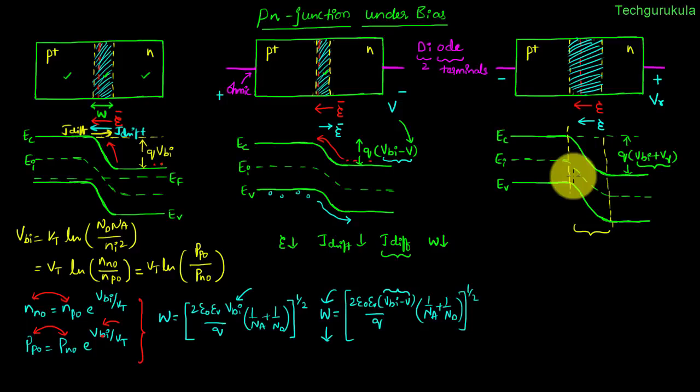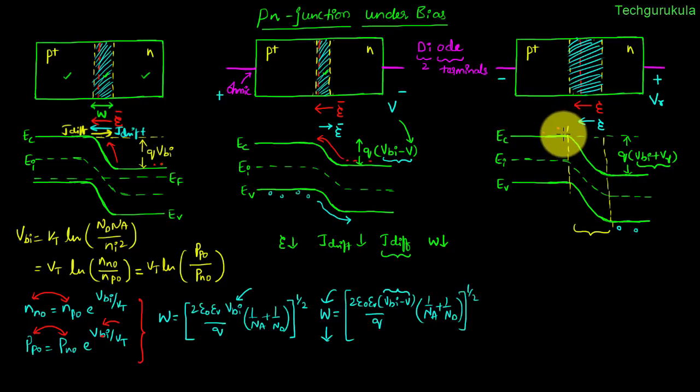Now, how can drift current flow here? Based on what carriers? There are electrons which are minority carriers in P side, and we have holes which are minority carriers in N side. And because of the thermal energy present, these electrons and holes will be randomly moving in the crystal lattice.